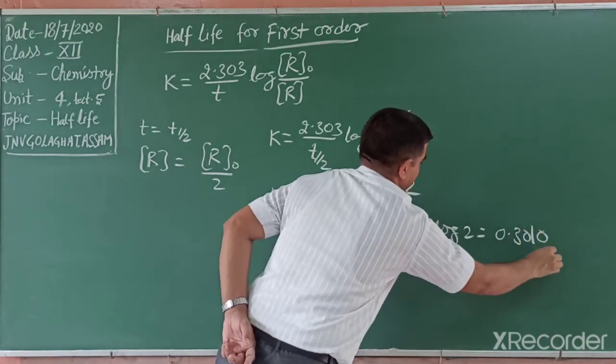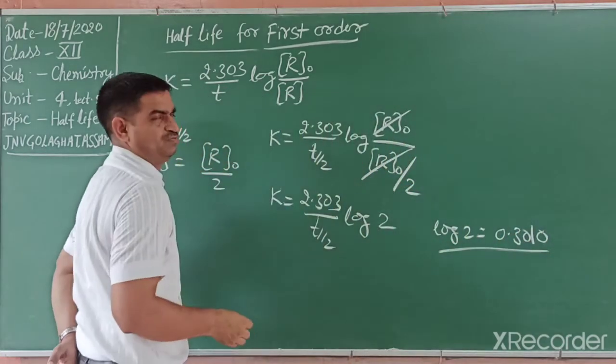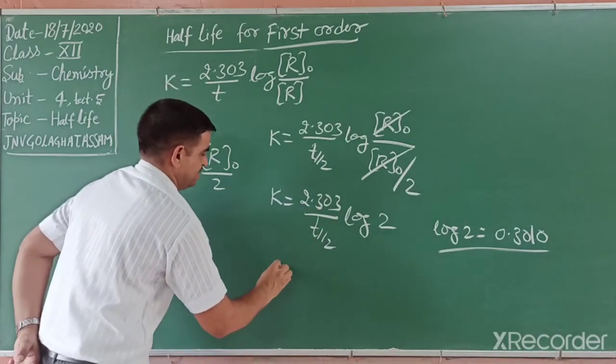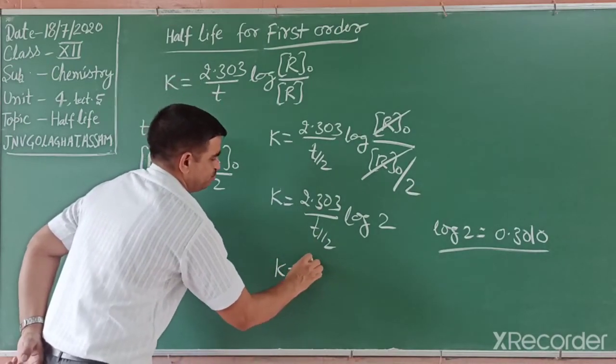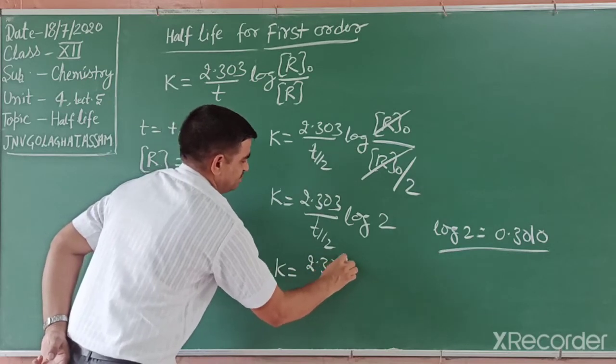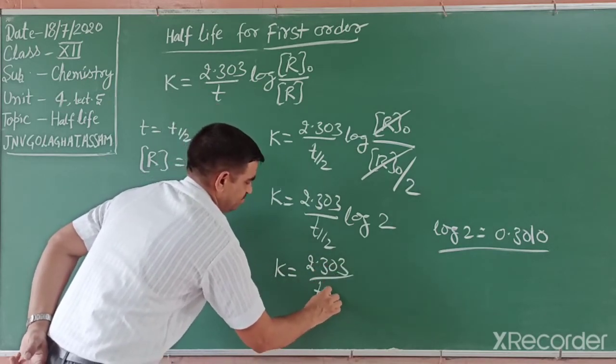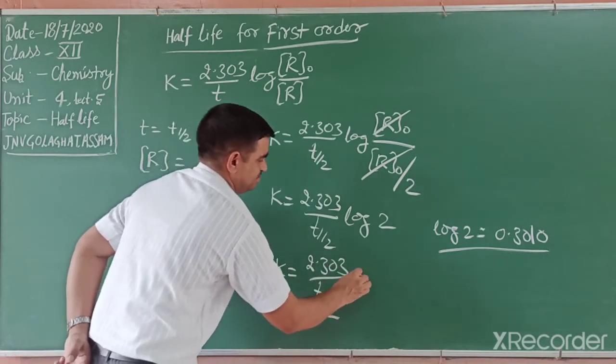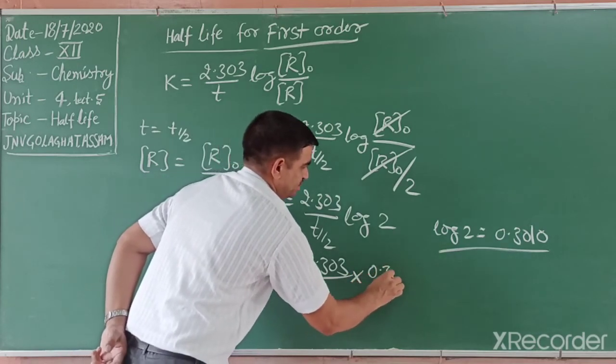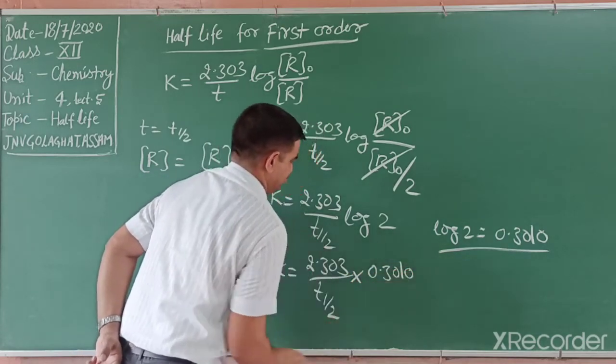The log 2 value we know is 0.3010. So substituting this value, we find k is equal to 2.303 divided by t half into 0.3010.